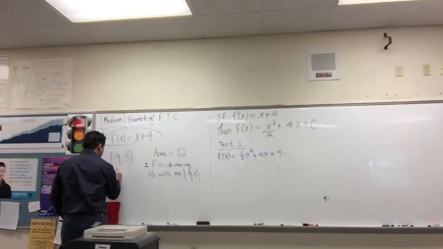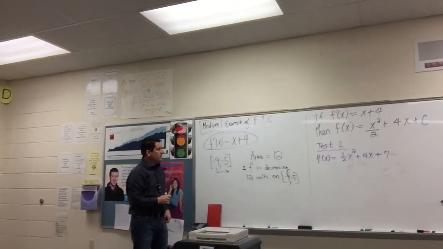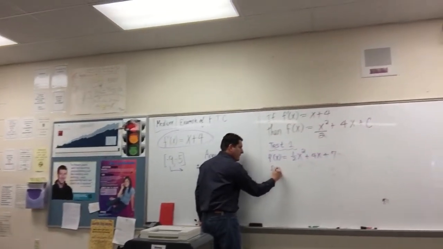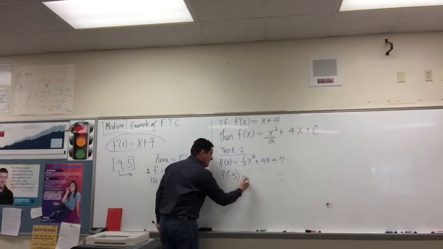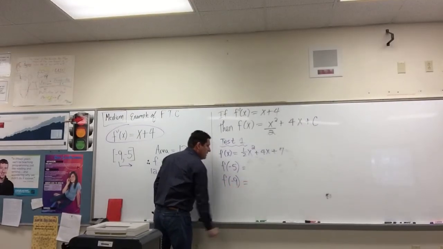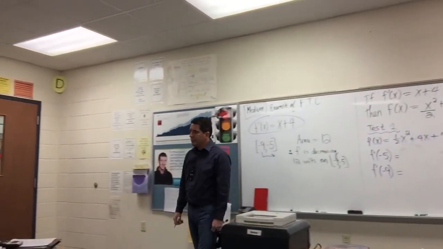And since we're going from -9 to -5, and we're trying to find that change, we're going to do f of -5 first, and f of -9 second, and we're going to find the difference. Okay, this is where you come in. I need an answer for these.